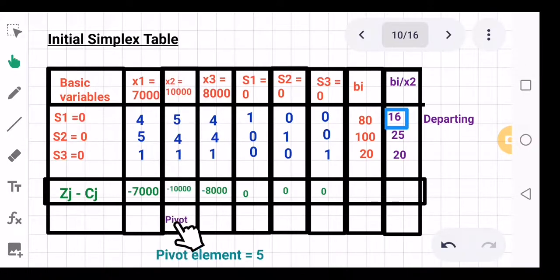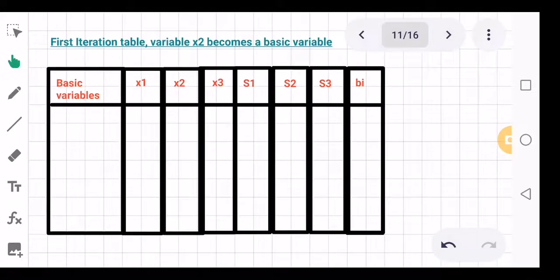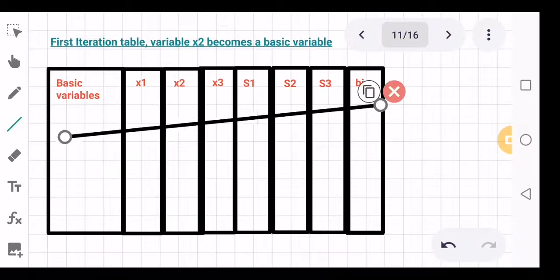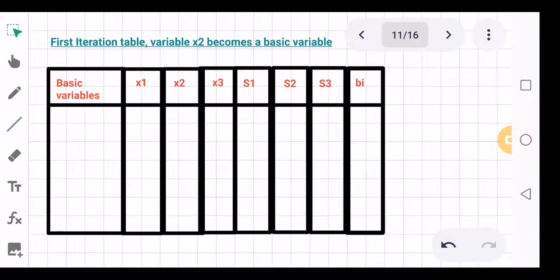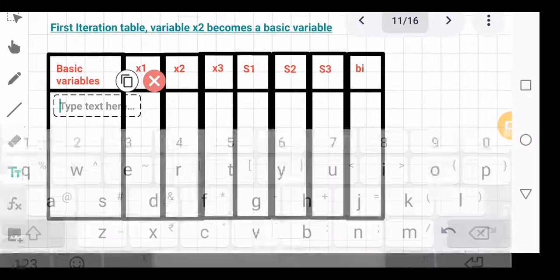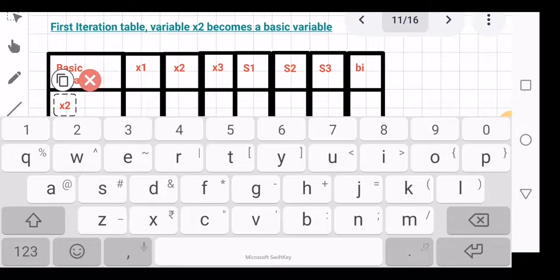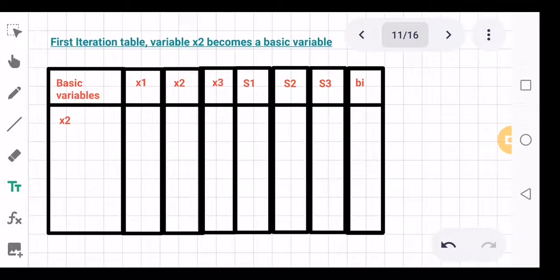This x2 is what we are going to write over here. So here you will be writing x2.